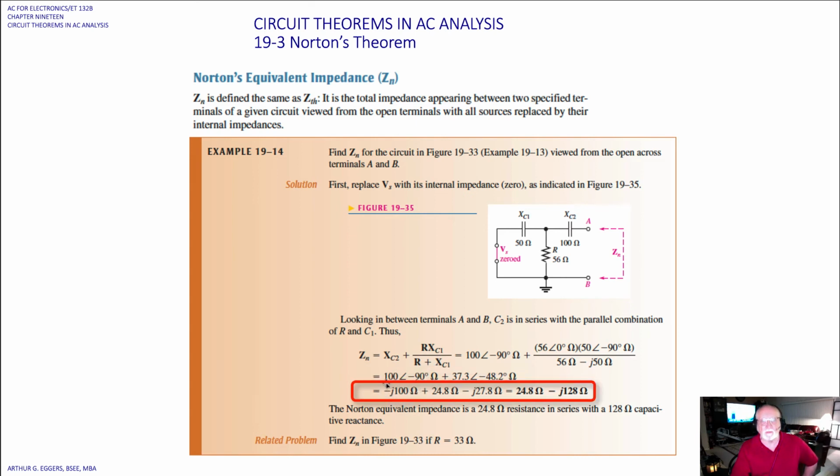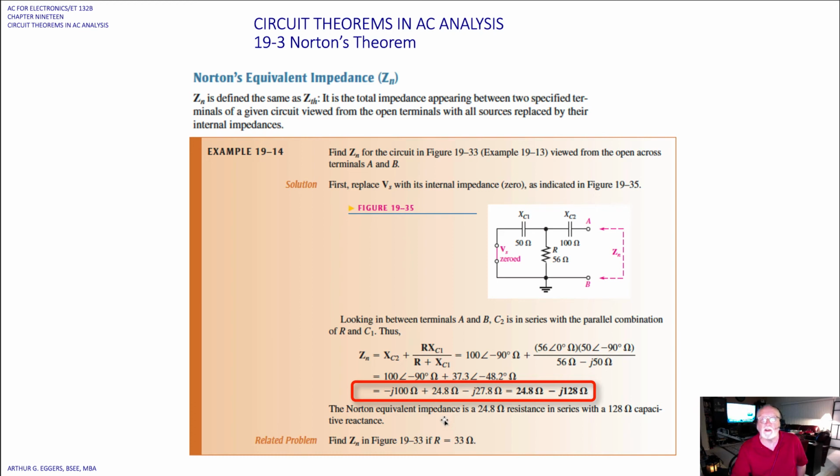Some of these you should be able to look at now fairly quickly and determine that we have a plus or a minus J. In this case we have minus 90 degrees, so you can see we have minus J for our 100. 24.8 ohms then becomes the real part of the second expression. Minus J 27.8 ohms is the imaginary part of the second expression when we do our conversion, and we get 24.8 ohms minus J 128 ohms.